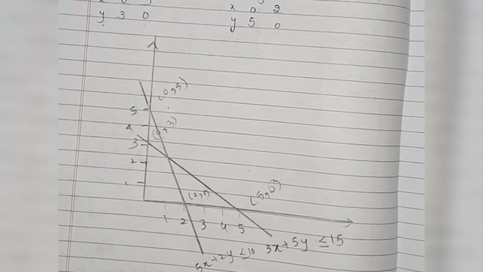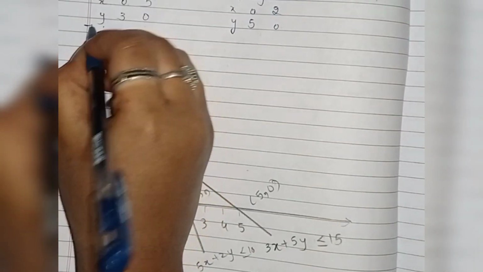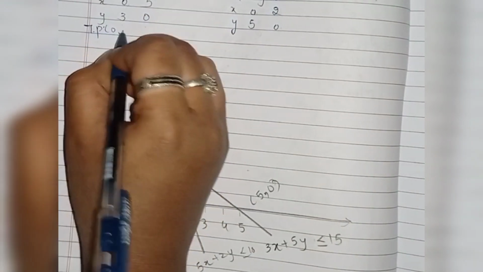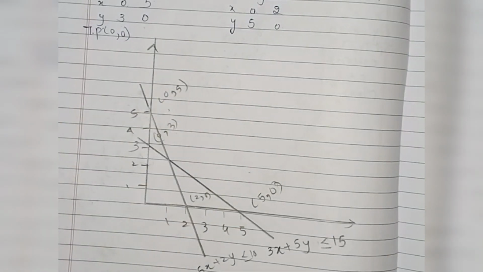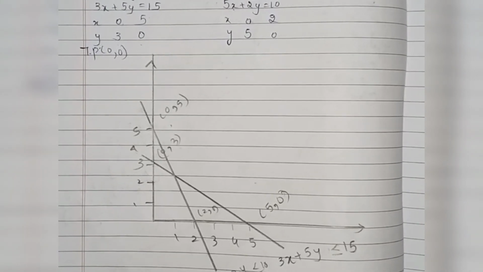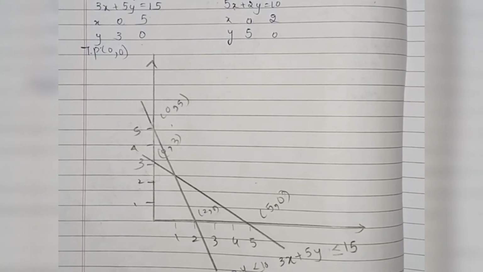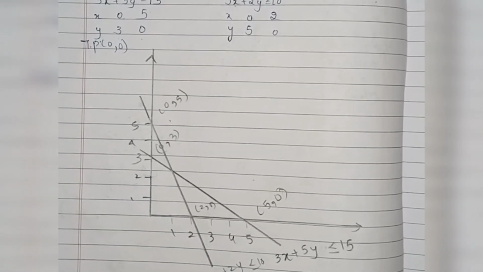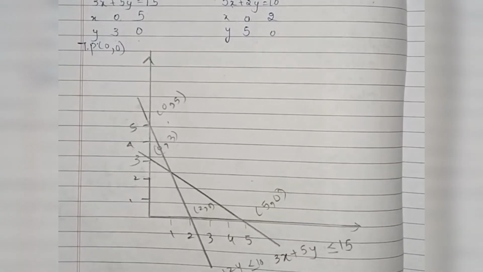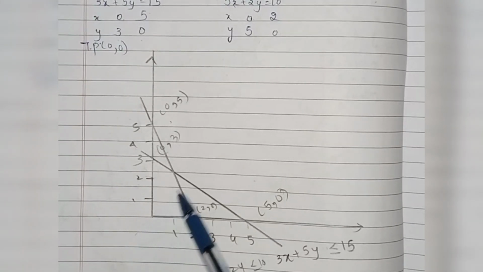Then comes the testing point. For both, we'll take the origin. Whenever we should not take the testing point as origin: only one condition, that is, when the line passes through the origin. The line just passes through the origin like this.